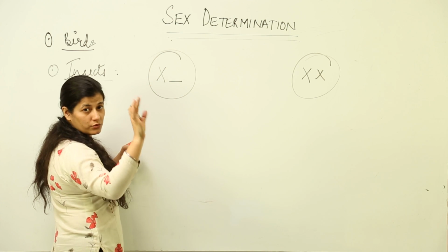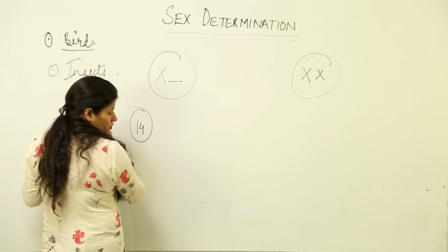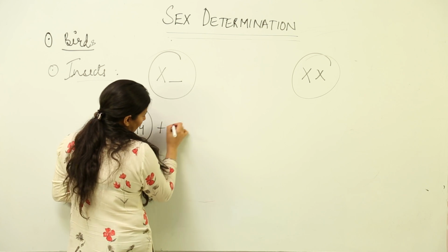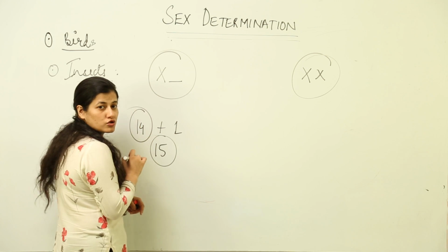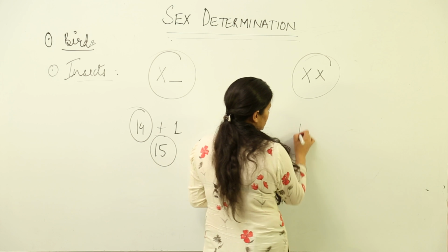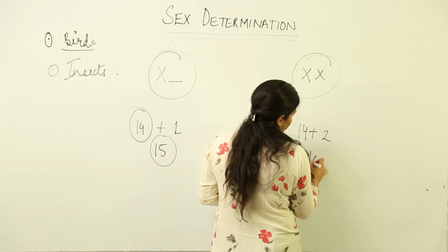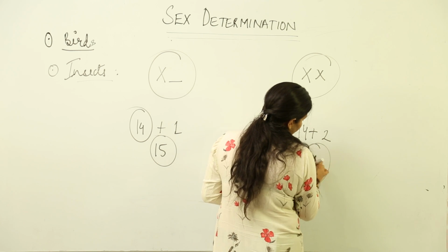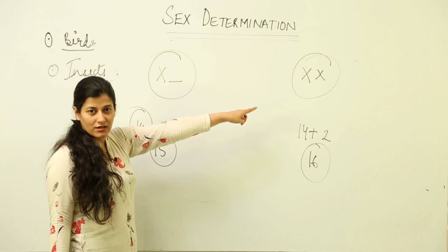Supposedly we are talking about an insect that has 14 autosomes. The male will have 1 X, that means 15 chromosomes, and the female will certainly have 16. So in any case the female has 1 chromosome more than the male, and that one is X. I hope I am clear.